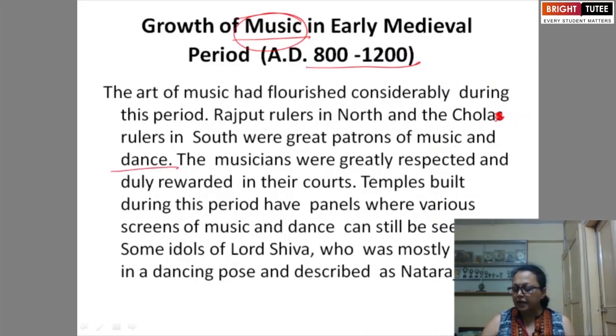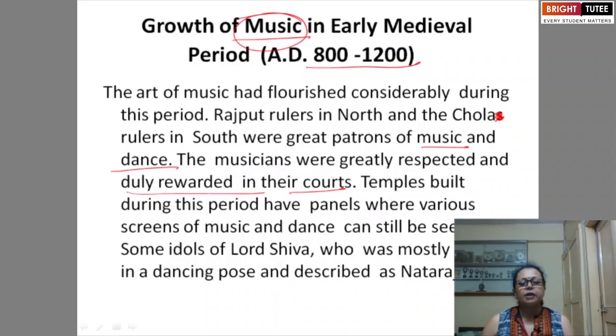The musicians were greatly respected and duly rewarded in their courts. The kings of these two regions also rewarded court poets and court musicians.